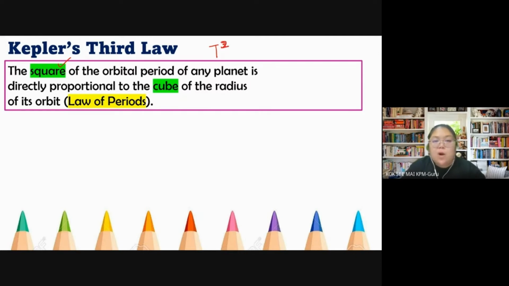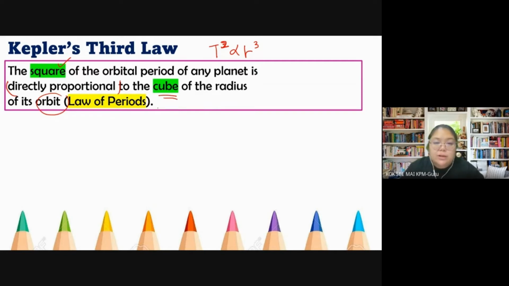The square of the orbital period of any planet is directly proportional to the cube of the radius of the orbit. So they are talking about the time taken and also the radius. The time taken is the period squared, directly proportional to the cube of the radius of the orbit.